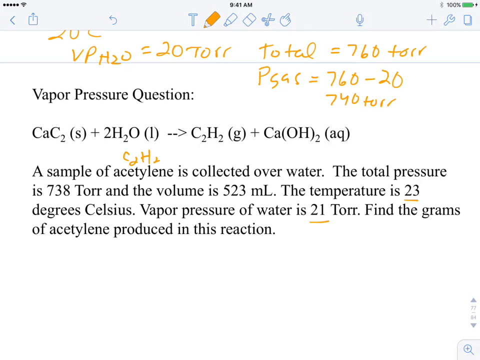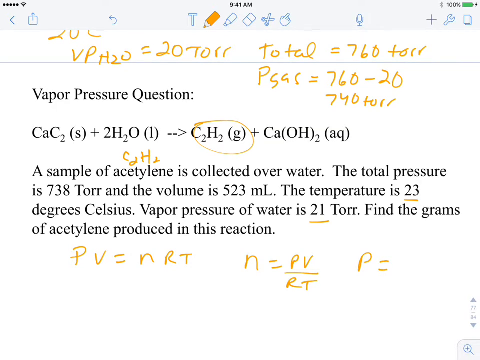Well, if I collected this gas over water, I have my pressure times my volume equals nRT. And in this case, we're solving for n. We want the moles. n equals PV over RT. Now the pressure we know, but we have to do a little trick to it.